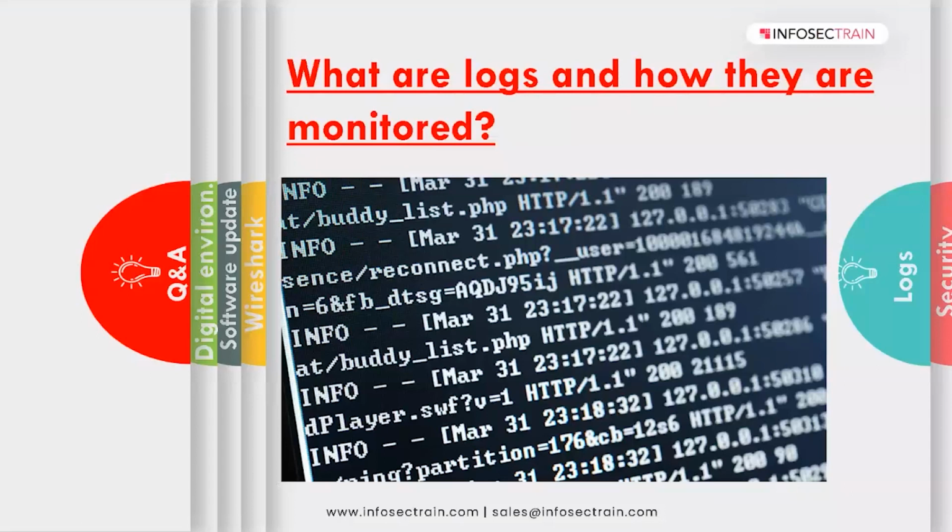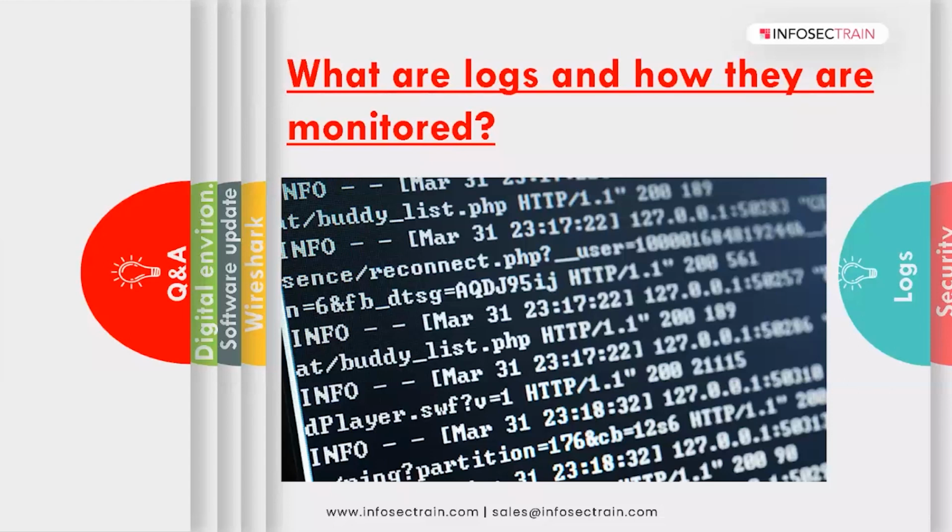So this is our logs and the types of logs. Log monitoring is the process of continuously collecting, analyzing, and interpreting logs to detect anomalies, patterns, or potential security incidents.